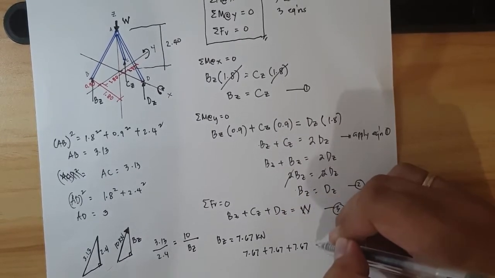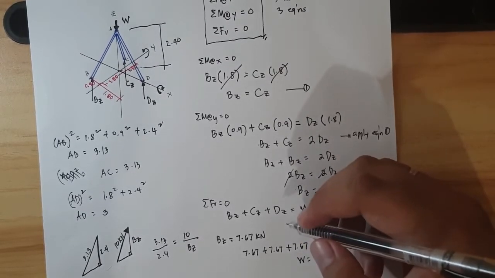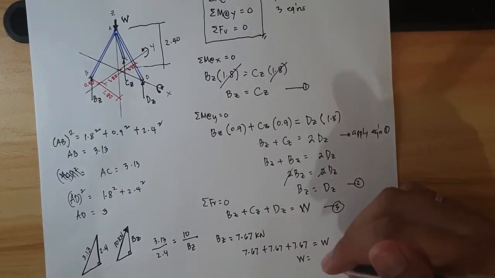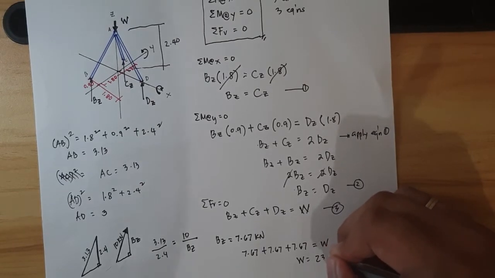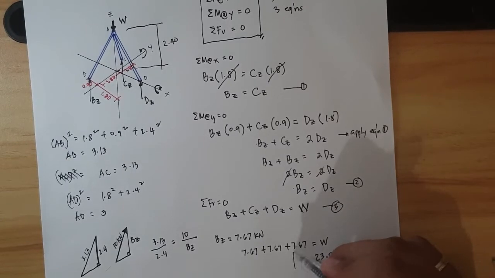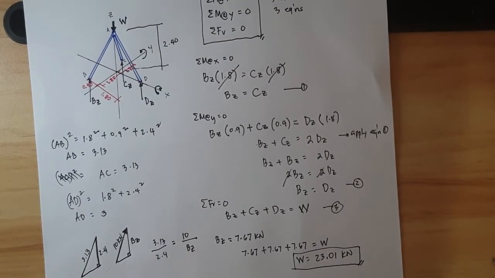That is equal to the unknown W. Therefore, what is W? Calculate. That is 23.01 kilonewton. So that is our answer for number 1.